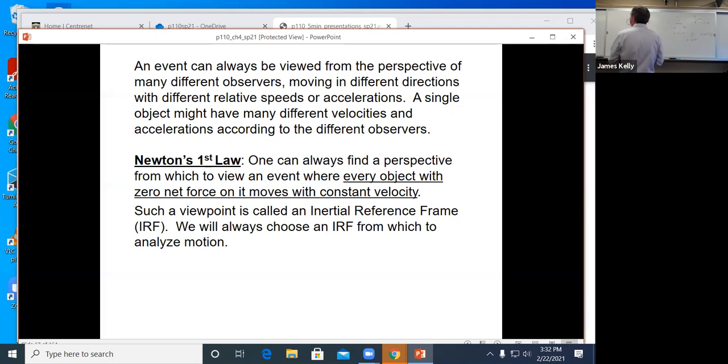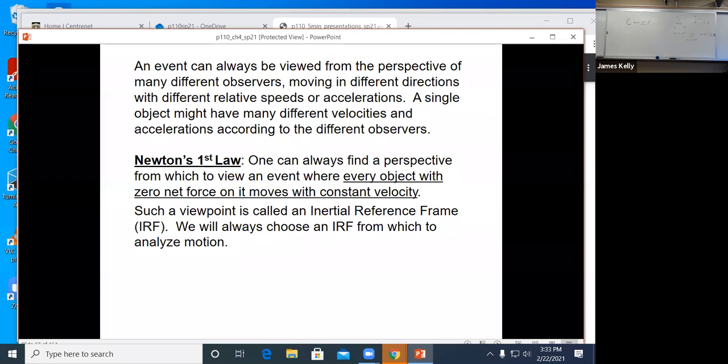And therefore, if Newton's first law is true, I should find a perspective in which it's moving at constant velocity. Well, no net force on it, and I see it moving with constant velocity. That constant velocity is zero velocity, sitting at rest. That's one way to have a constant velocity. So I would conclude, hey, that's a little bit of evidence that I'm observing this from an inertial reference frame.